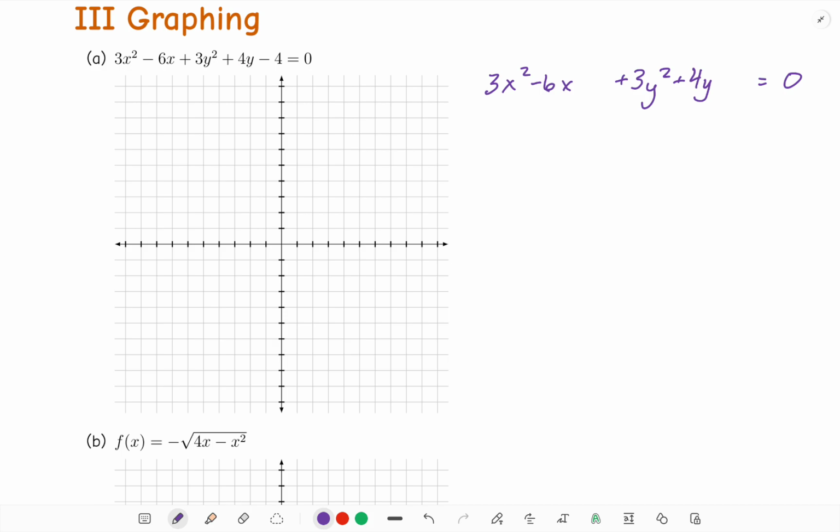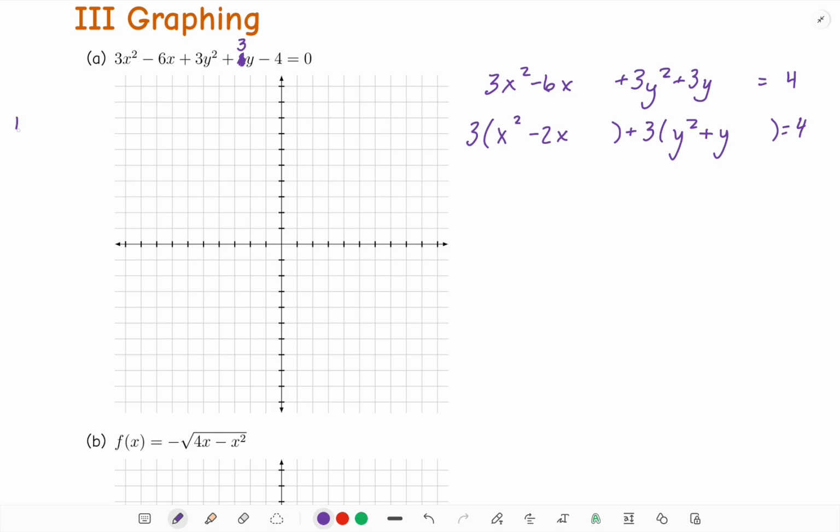Oh, and there is a typo in the notes. That should be a 3. Okay. And I'm adding the 4 to both sides. So I'm going to factor a 3 out of the x squareds. Factor 3 out of the y squareds.